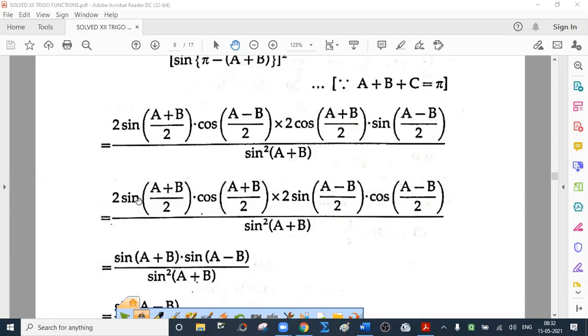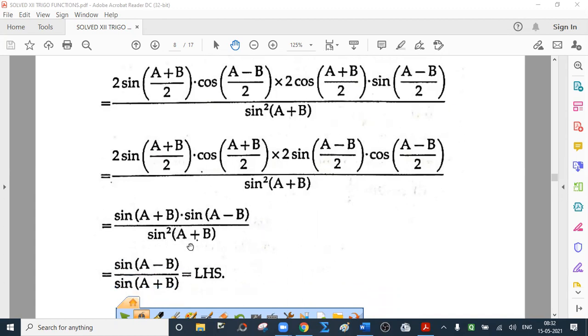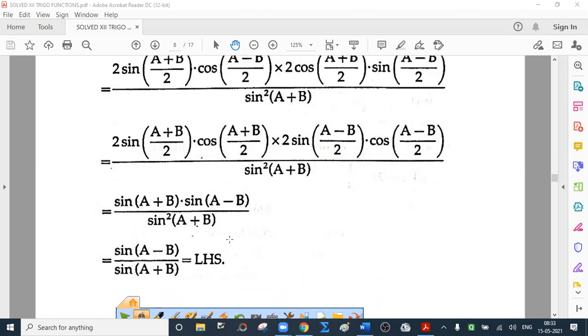So this is of the type 2 sine a cos a, that is sine 2a. So this becomes sine of a plus b into sine of a minus b. Now denominator is sine square a plus b. One sine of a plus b gets cancelled. What remains is sine of a minus b upon sine of a plus b, which is nothing but right hand side.